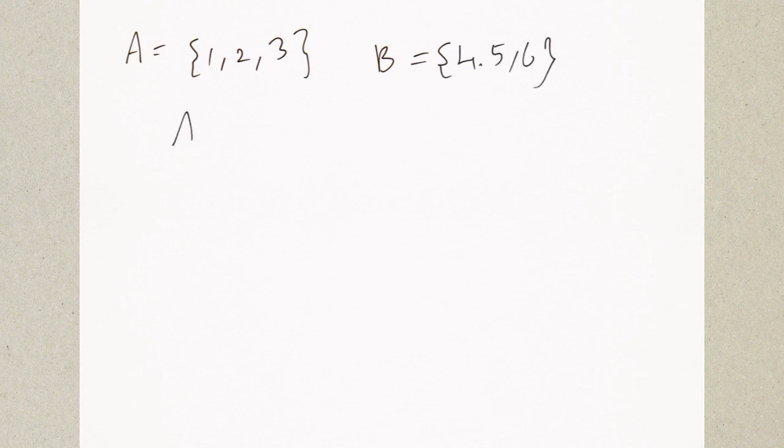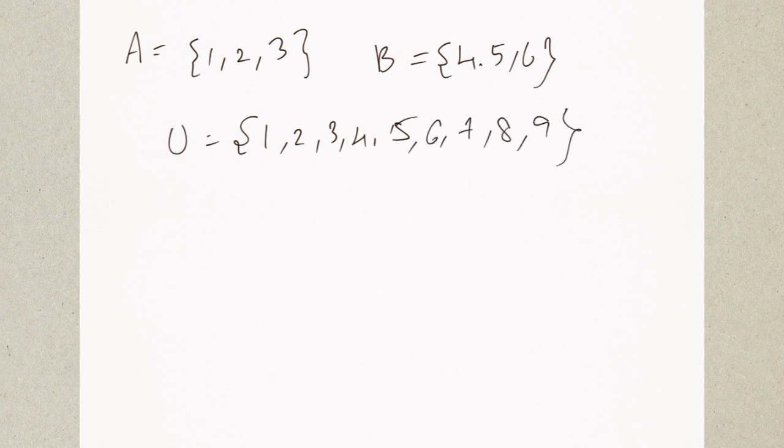Suppose A is a set of 1, 2, 3, B is a set of 4, 5, 6, and the universal set I will write as U is a set of 1, 2, 3, 4, 5, 6, 7, 8, 9.